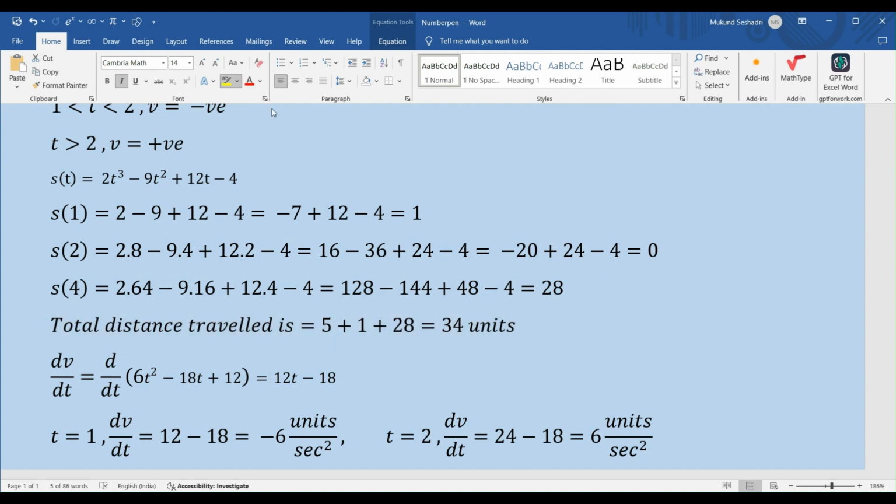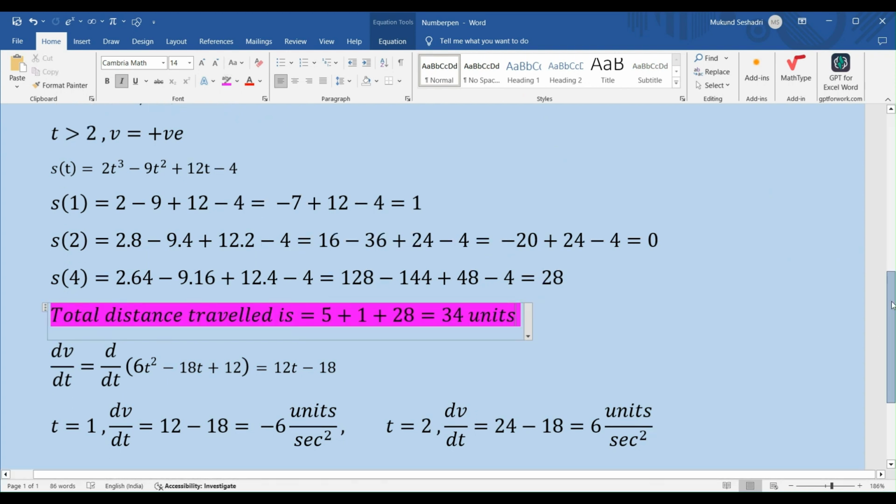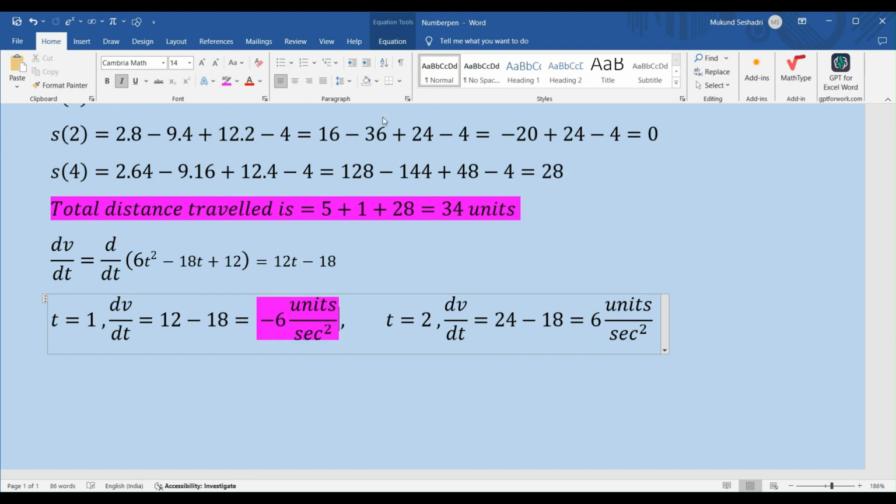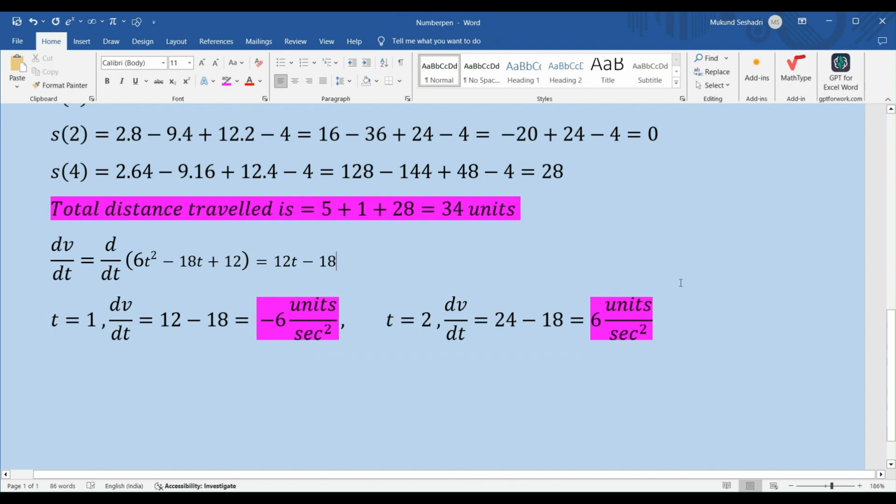Let me highlight that in pink as well. And I come to the final question, find my acceleration during the points when my velocity came down to 0. I'm highlighting them as well. So you have two answers for the third part, minus 6 and plus 6 units per second squared, right?